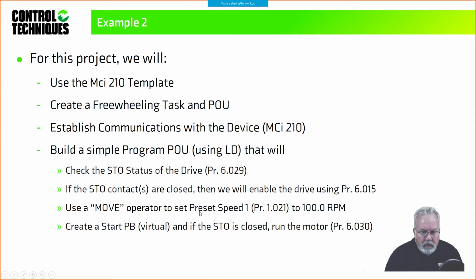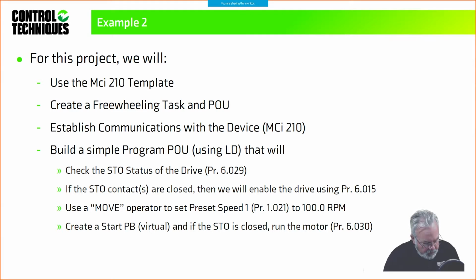Yesterday I showed you my Connect setup, and my demo drive is set in preset speed mode. So I'm going to add a network that moves a speed into 121, which is preset speed 1. Then I'm going to create a virtual start push button, and as long as the SafeTorque off is closed, I'm going to run the motor forward. So that's the goal for today.